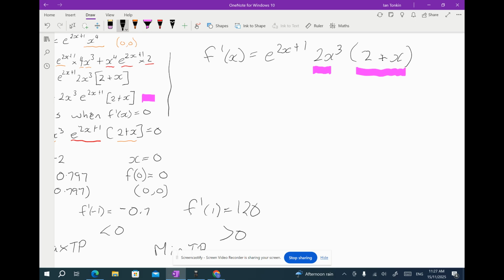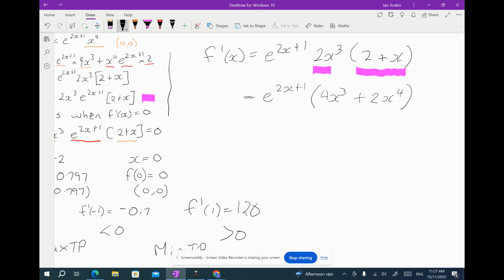So watch what I do now. And I get e to the 2x plus 1. And I'm putting that 2x cubed back in there. So I get 4x cubed plus 2x to the 4. So I've just put it back in there.